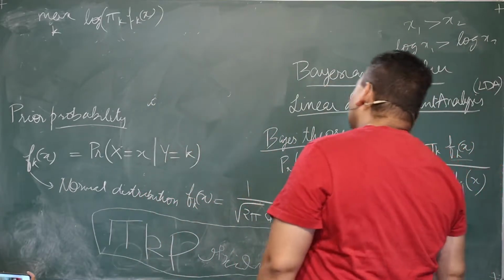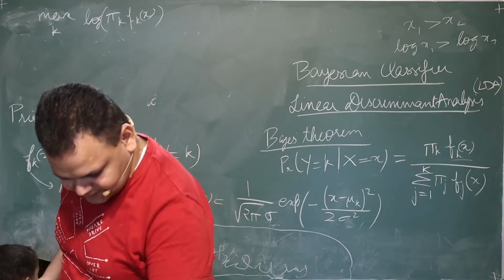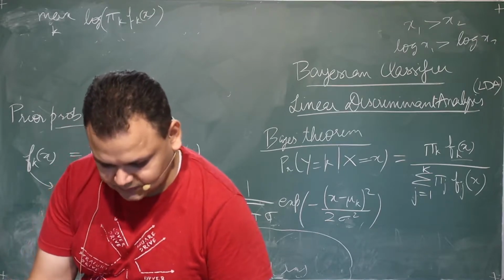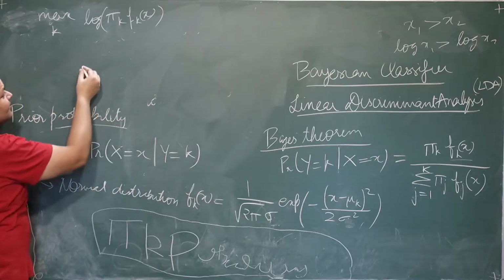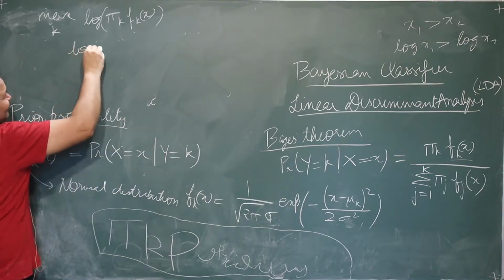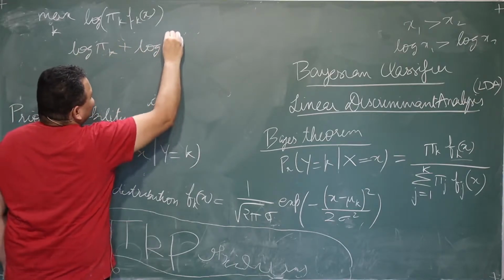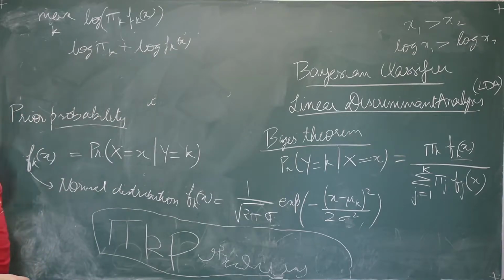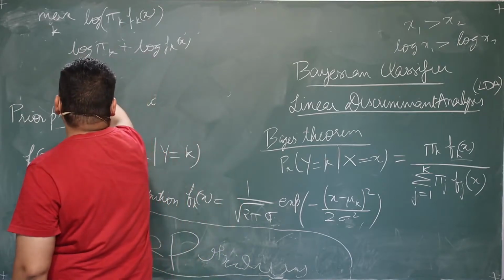Now let me do something. We can also say that this is equal to log pi k plus log f k x. Okay? Let us leave log pi k for now.